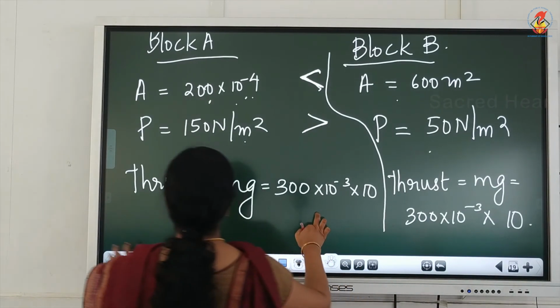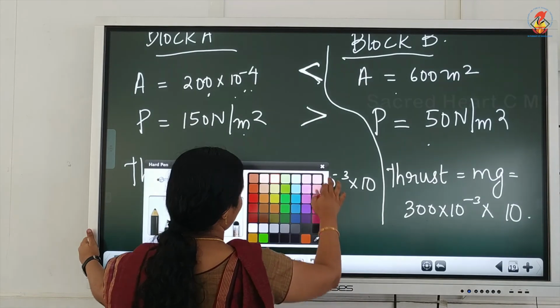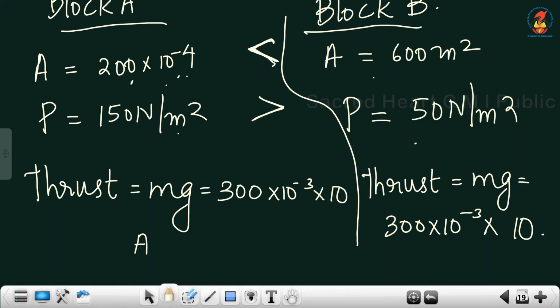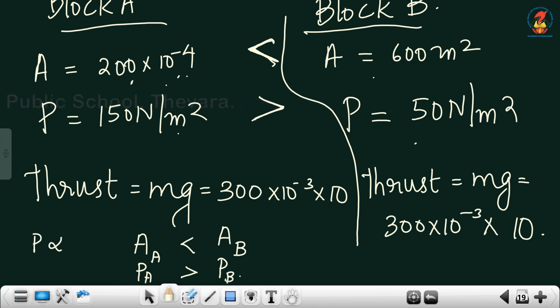So from this comparison, we can say that the area of block A is less than the area of block B. Hence, the pressure exerted by block A will be more than the pressure exerted by block B, since pressure and area are in inverse proportion.